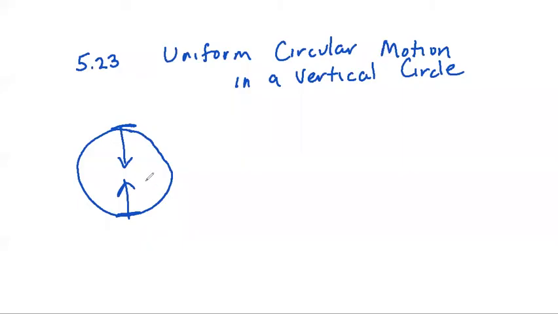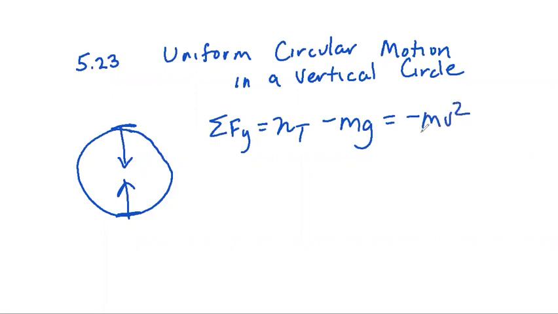All right, so the centripetal force is always going to go towards the center of the circle, and that's how you solve this guy. So the force in y at the top is going to equal the normal at the top minus mg, right, equals negative m v squared over r.